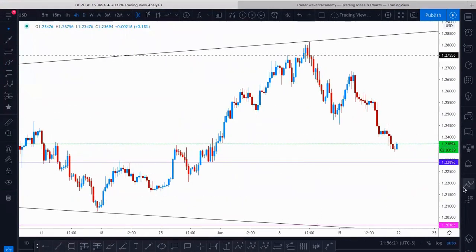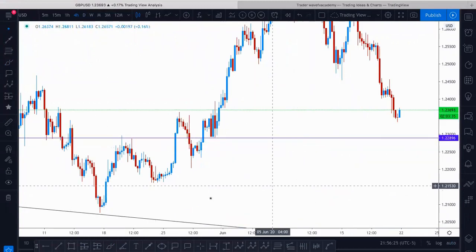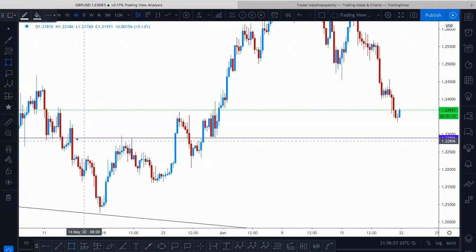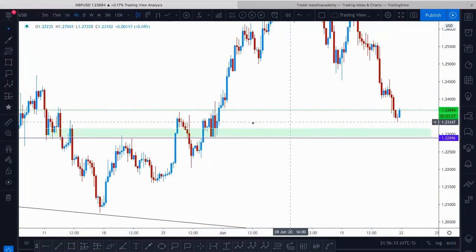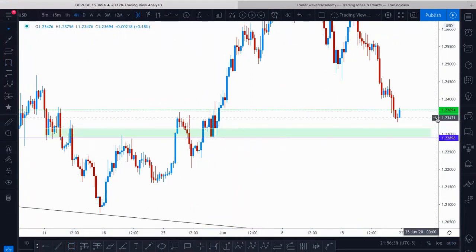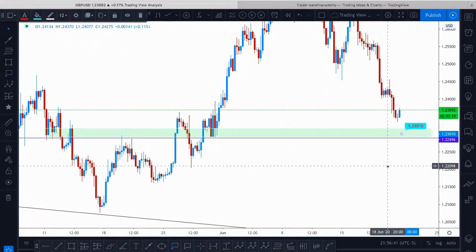So that would be the area of interest for me as price approaches that zone. So the area that I would be looking at would be right here, right out of these lows. So now we are at about 123.70. I would want to see how the market reacts as it gets back down into the 123 zone.